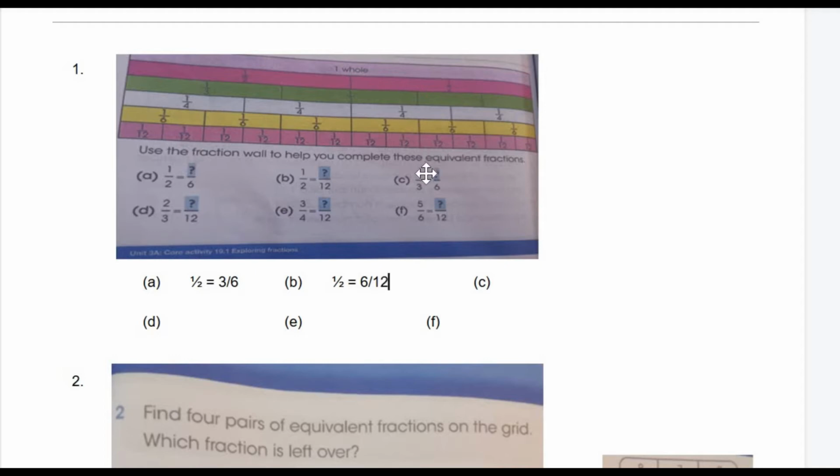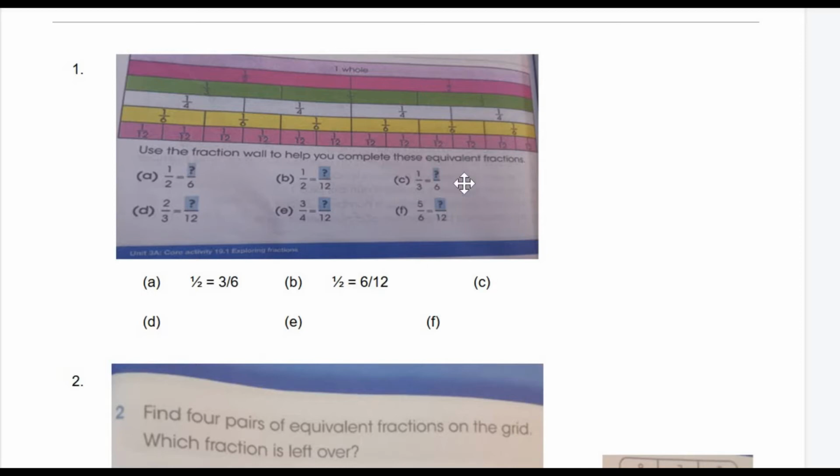Okay, C, 1/3. We need to find the equivalent fraction for 1/3. Okay, so we have 6 as the denominator of the other fraction. What number, if we multiply it by 3, we get 6? Very good, we get 2. So as we said, we need to do the same thing to the numerator and the denominator.